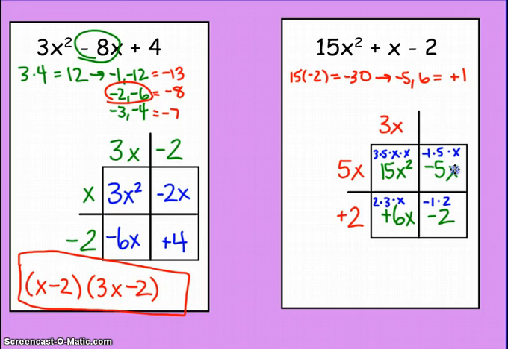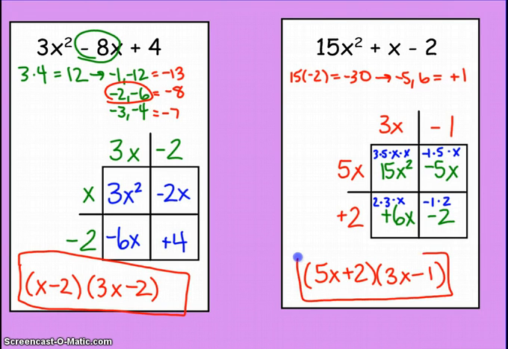And then in here, 5x and 2 don't have anything in common except that they are both negative, so this would be a negative 1. So if I were to factor this out, it would be 5x plus 2 times 3x minus 1. Okay? And you can always go back and double check and say, did you multiply this correctly?